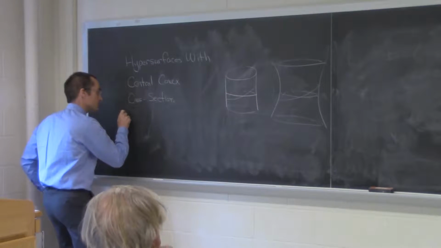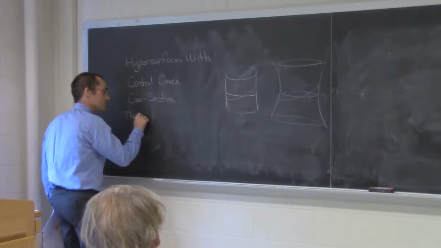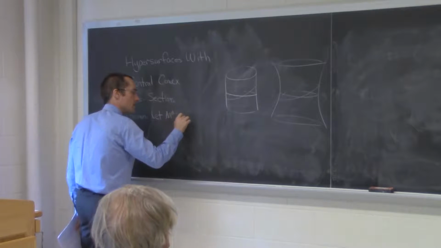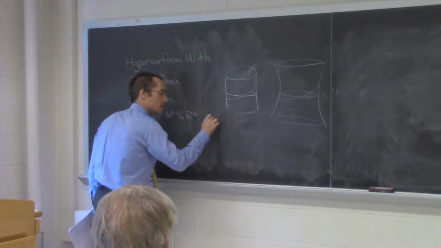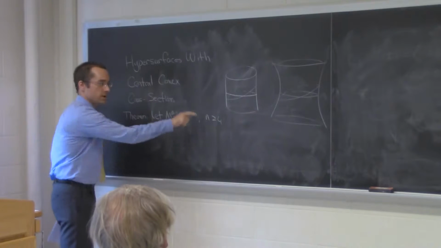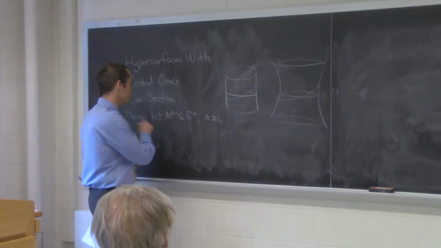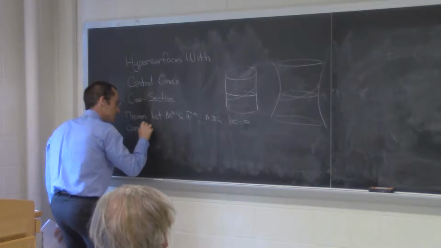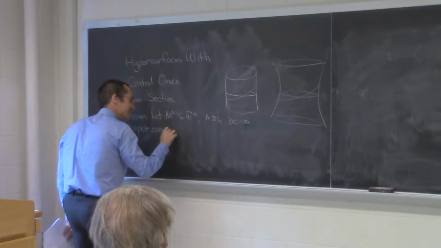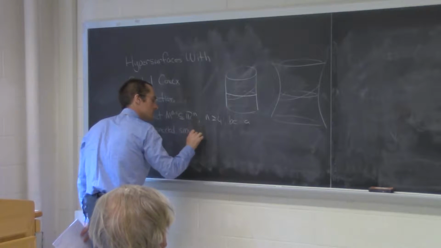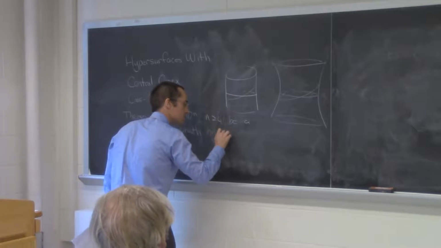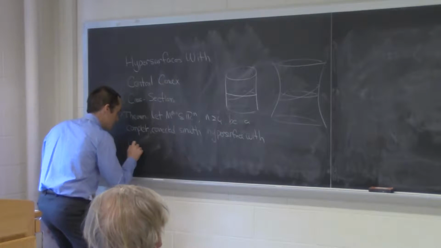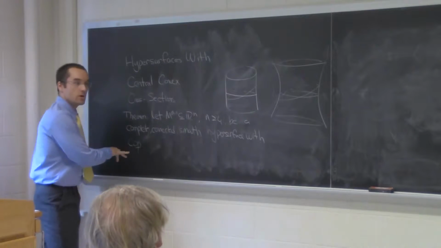So let me write the theorem. Let M be a complete, connected, smooth hypersurface in R^n. I will say why n is bigger than or equal to 4 in a second. With a central ovaloid property, or COP.